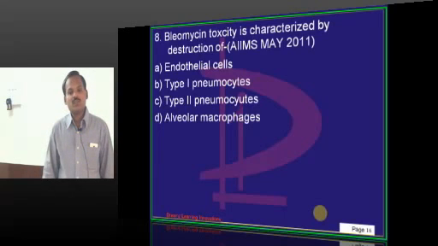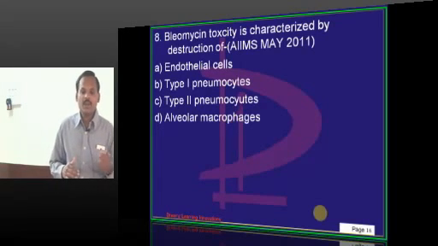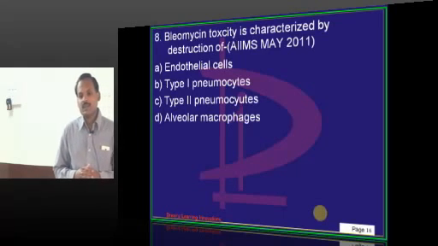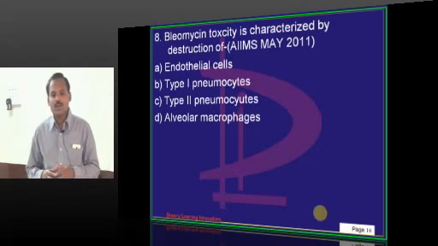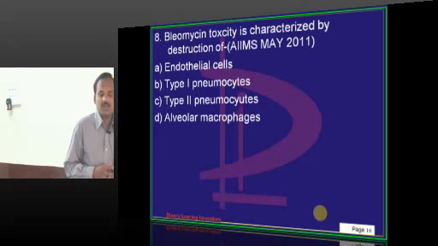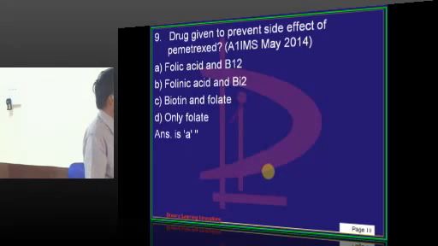So, when the type 1 pneumocytes are damaged and lost, they will be replaced by the proliferating type 2 pneumocytes, and in this process there will be inflammation, and that will lead to pulmonary fibrosis. So, one of the important adverse effects of bleomycin toxicity is pulmonary fibrosis. So, here, toxicity is characterized by destruction of the type 1 pneumocytes of the lung.